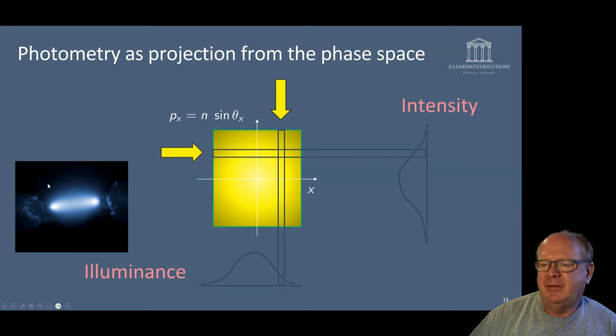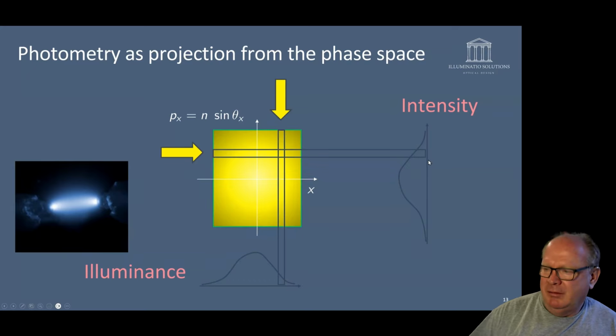Important, for example, if you have inhomogeneous sources. There you can do that, or basically the camera did what I am explaining here. The same can be done for a projection into a certain direction, which is indicated by the horizontal arrow and the horizontal interval, and then we get a certain intensity value. So this is measurement of light in the phase space.